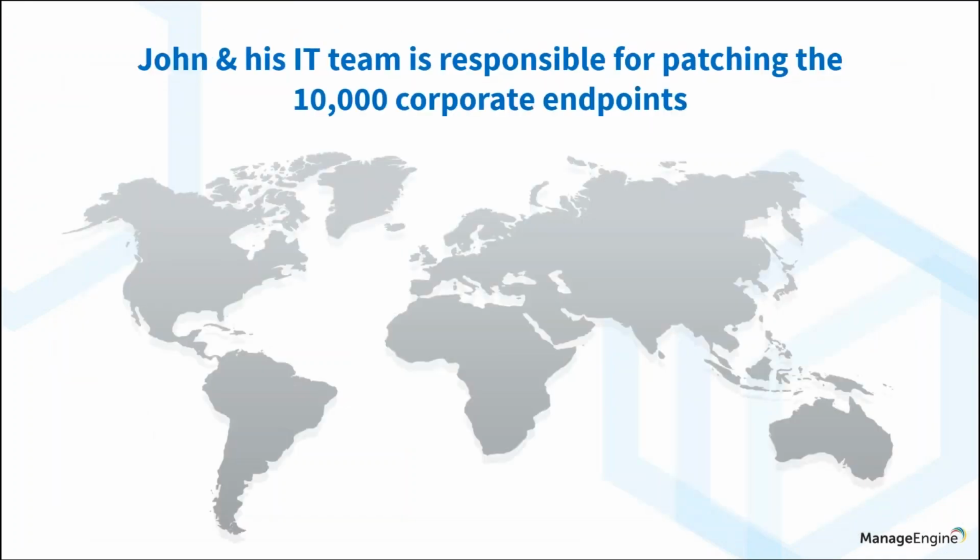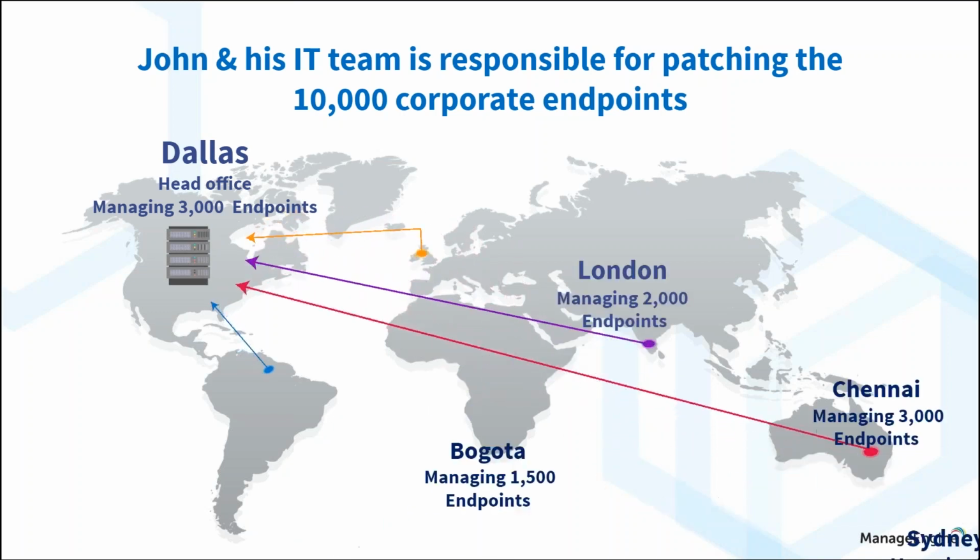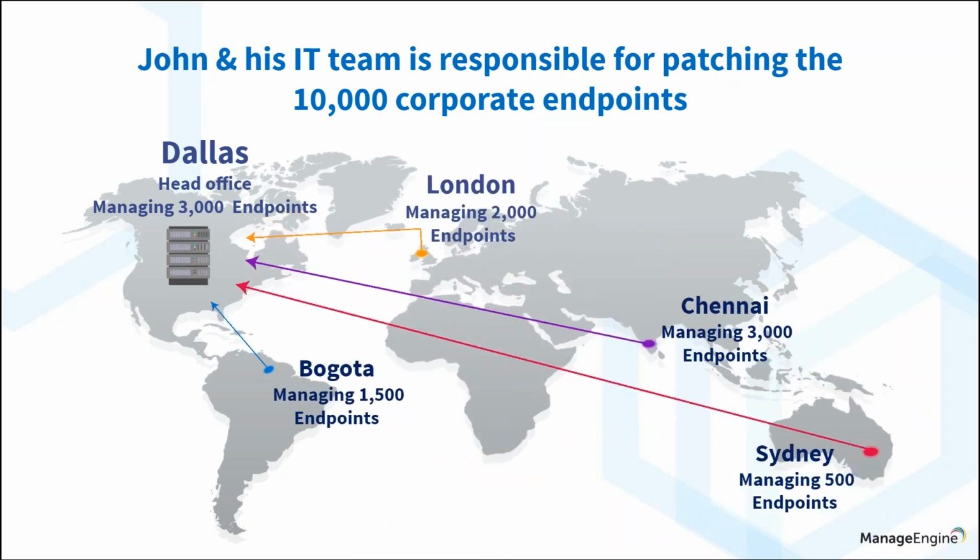Based on Microsoft's suggestion, I've taken a live example here. John, one of our loyal customers who is managing hotels in multiple locations and managing over 15,000 computers in his network, which is spread across the globe. He manages multiple remote offices in different locations.